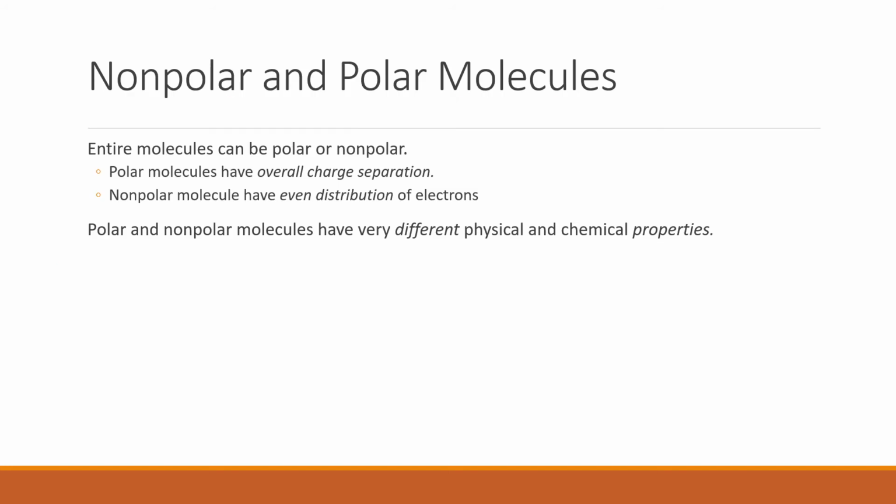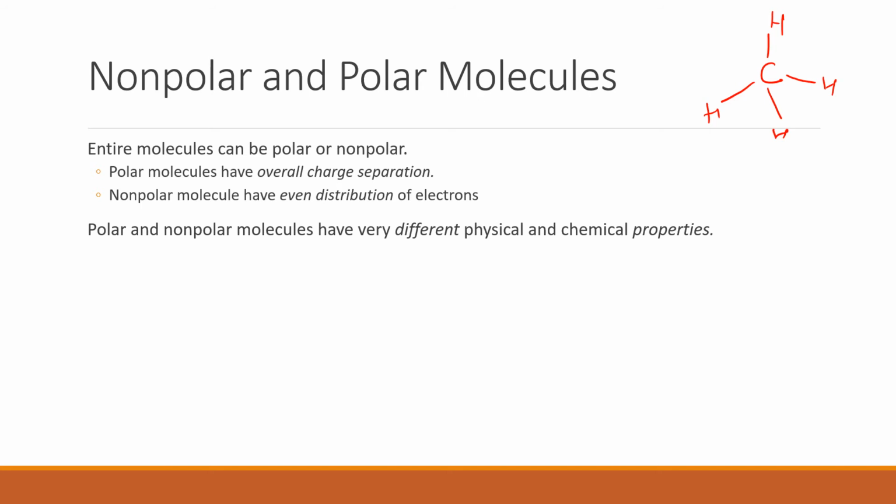In previous slides, we learned that covalent bonds can be polar or non-polar. Now we know that within a molecule, we may have multiple bonds. For example, in the case of a methane molecule, we have 4 different covalent bonds. Now, all of these bonds may be polar or may be non-polar.